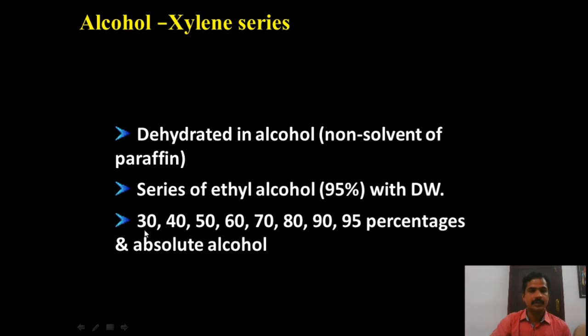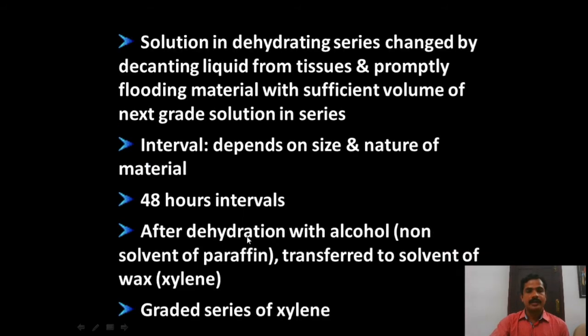We can start with 30%, then 40%, 50%, 60, 70, 80, 90, 95%, and finally absolute alcohol, that is 100% alcohol. On reaching 100% alcohol, the dehydration procedure will be over.